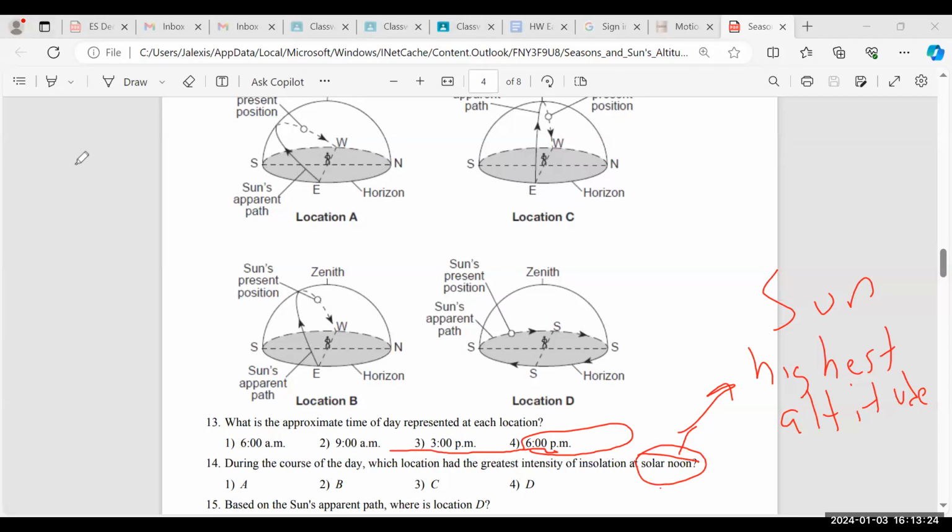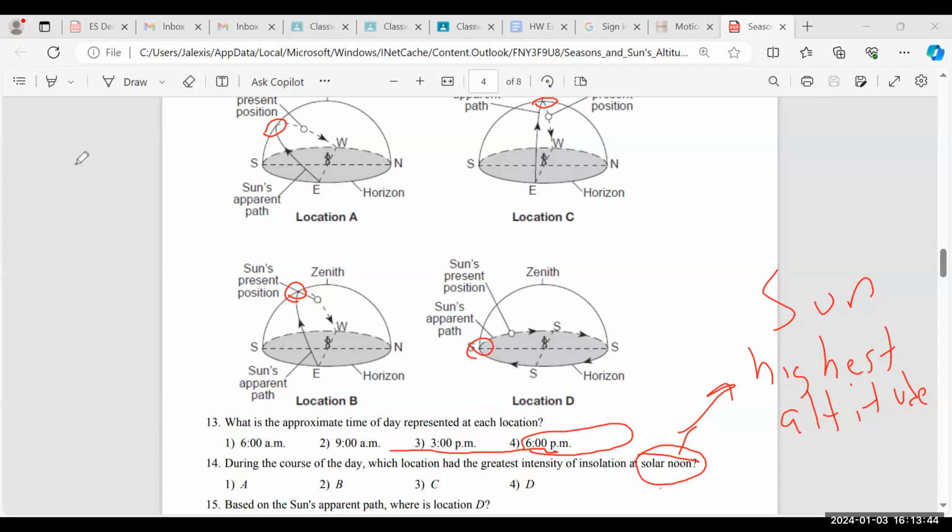So solar noon is right here at location A. It's up here at location B. It's right here at location C, and it's right here at location D. The red circles all indicate where solar noon is.